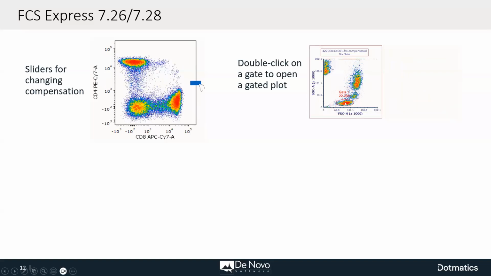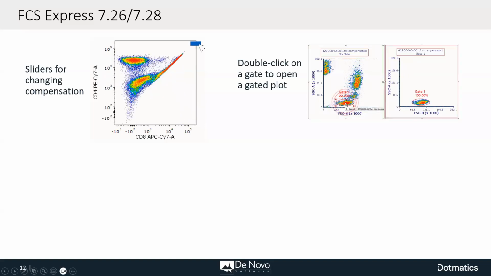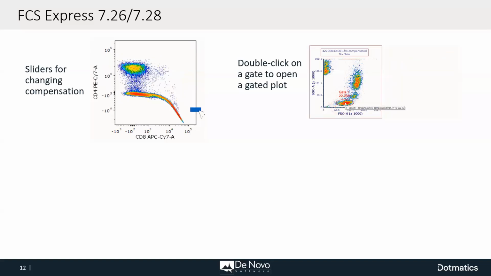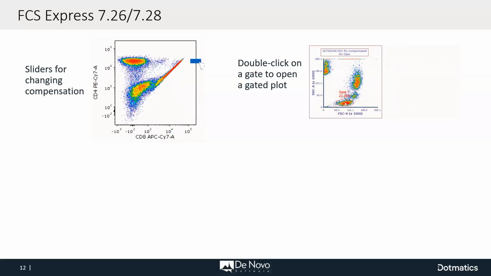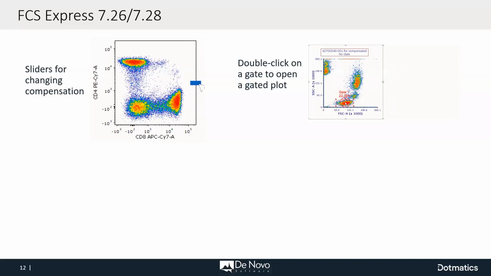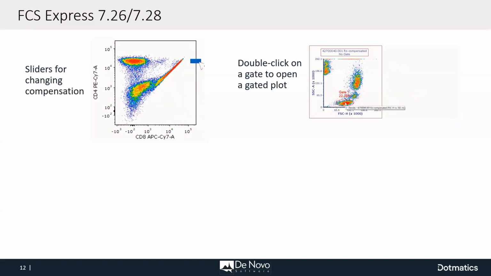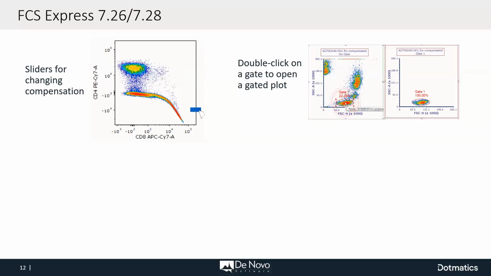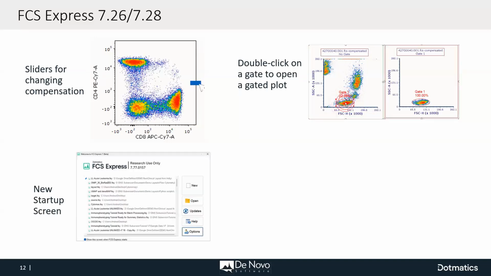We will also enable a double click on a gate to open a gated plot. Now you can open a gated plot by using drag and drop: you drag and drop a gate outside of the plot, and you get a new plot gated on that gate. What you will be able to do is the same by simply double clicking on a gate.